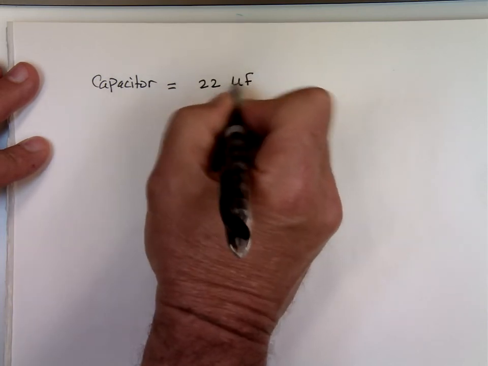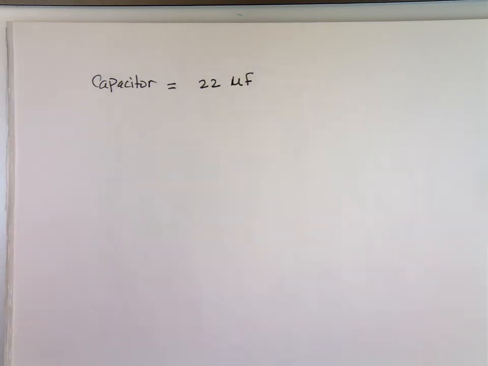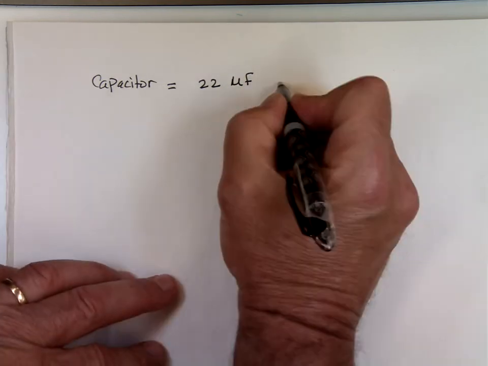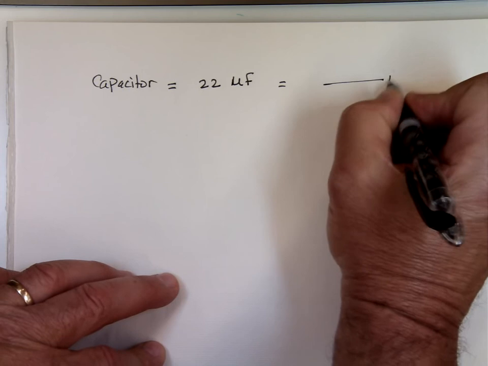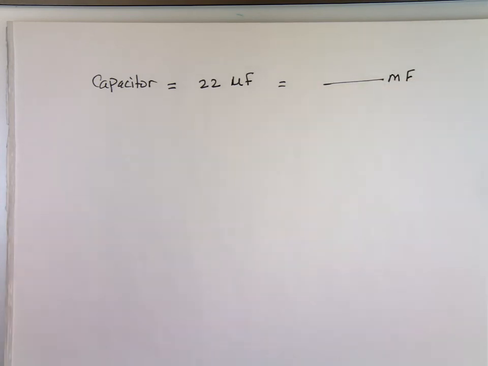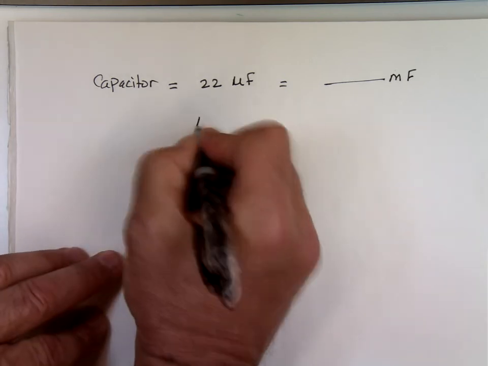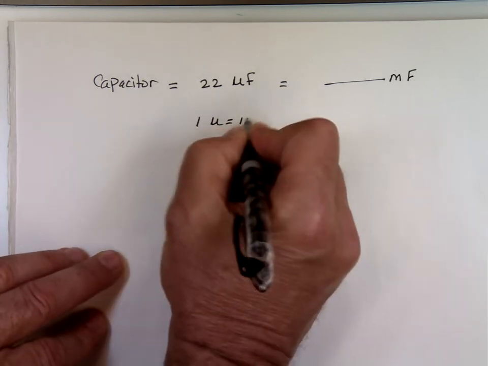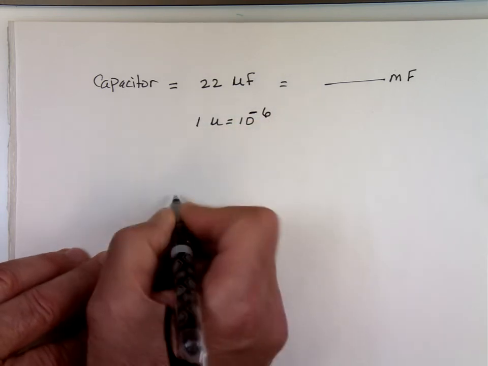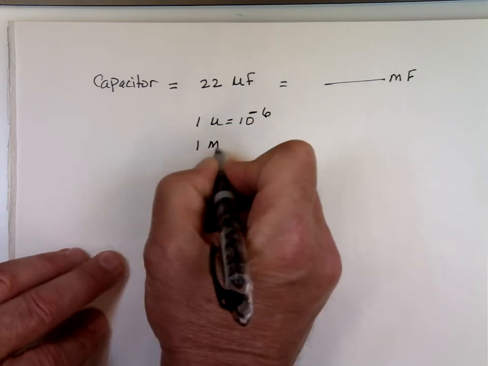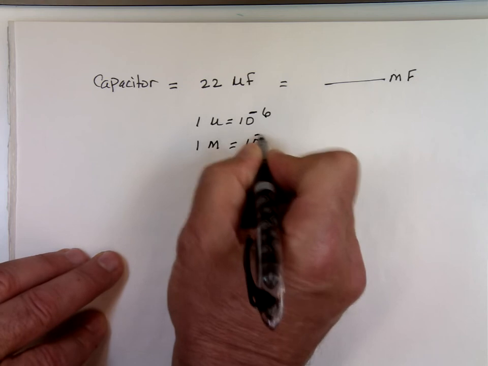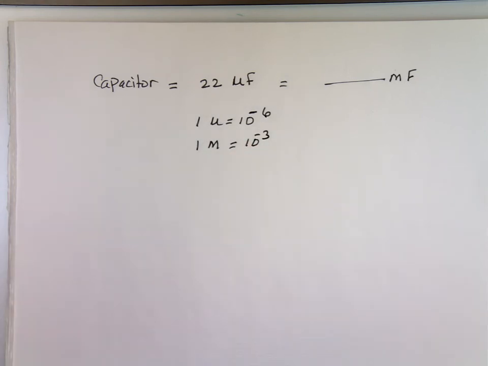Can you tell me what is the value in millifarad? Again, you don't have to know what a farad is. All you know is 1 micro equals 10 to the negative 6, and 1 milli is equal to 10 to the negative 3. Can you convert the value of that capacitor from micro to milli?